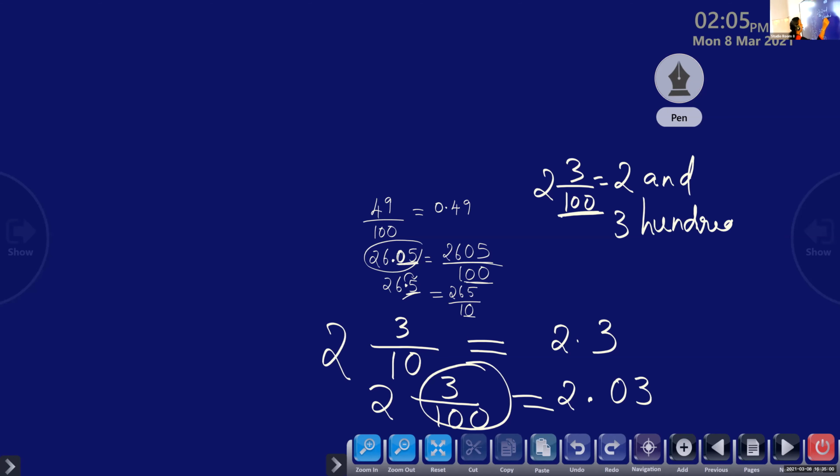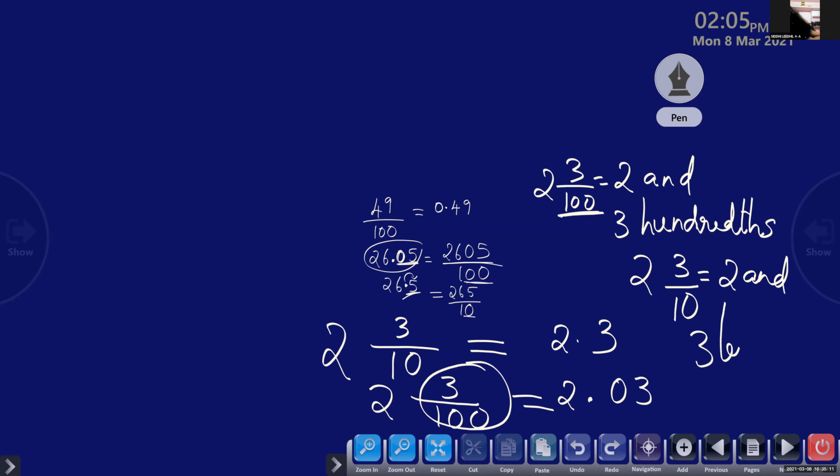We have to write hundredth. So if it is 2 and 3 by 10, we will write 2 and 3 tenth. 2 and 3 by 10 means 2 and 3 tenth. Then 2 and 3 by 100 means 2 and 3 hundredth.